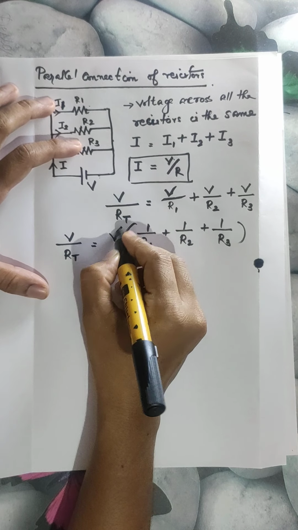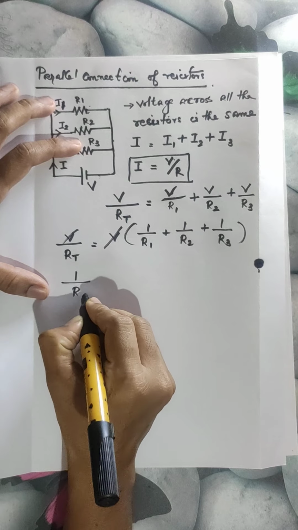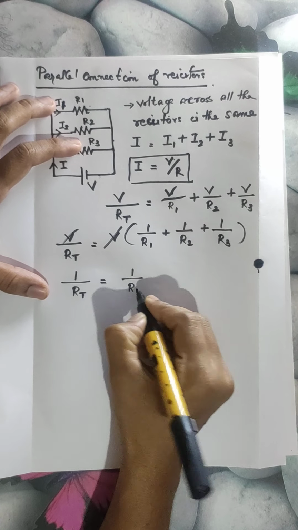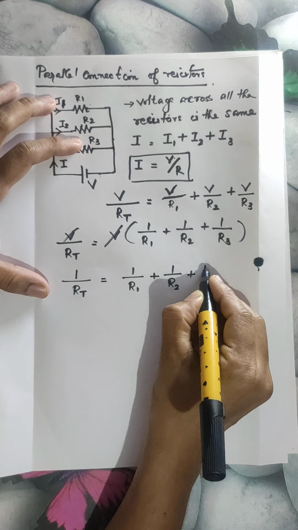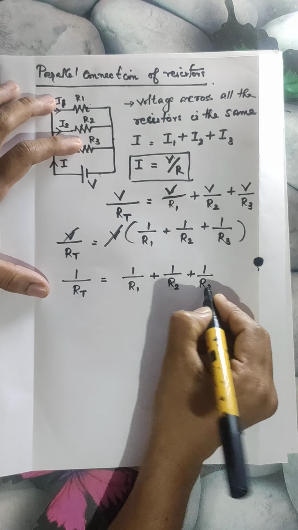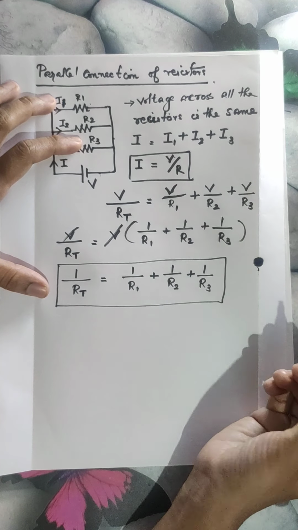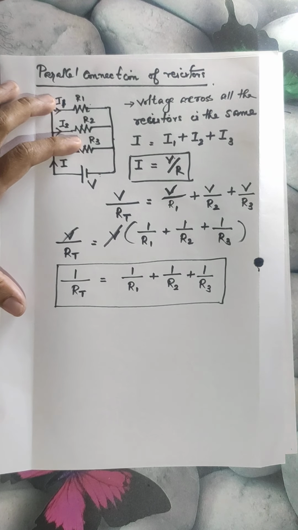So we can cancel V, then the remaining equation will be 1 divided by RT is equal to 1 divided by R1 plus 1 divided by R2 plus 1 divided by R3. So this is the equation used for calculating the equivalent resistance of a parallel circuit.